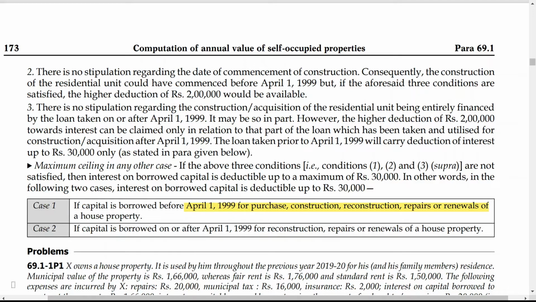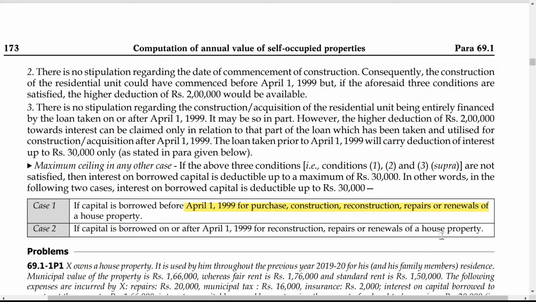And second, if capital is borrowed on or after April 1, 1999 for reconstruction, repairs and renewals of a house property, then 30,000 is available. So there are two things that you have to keep in mind. When loan is taken before April 1999, then for whatever purpose the loan was taken, only 30,000 is available.